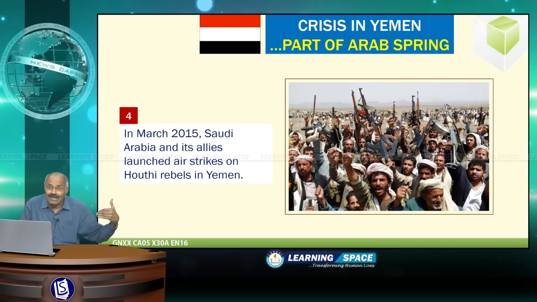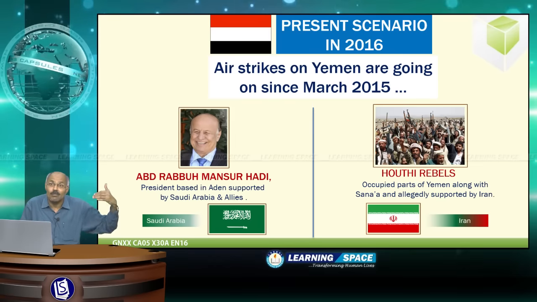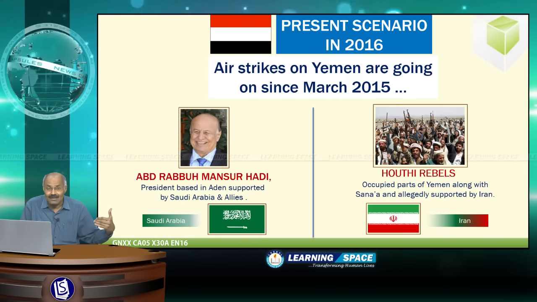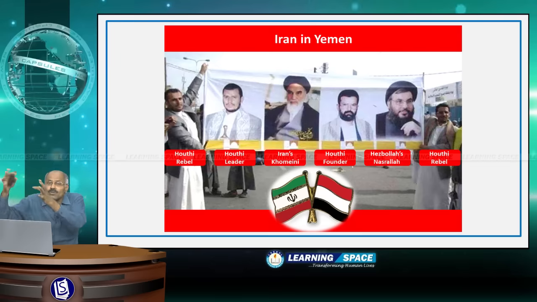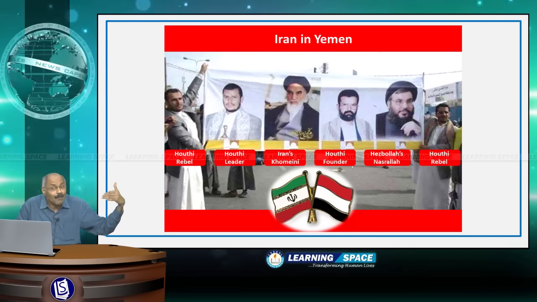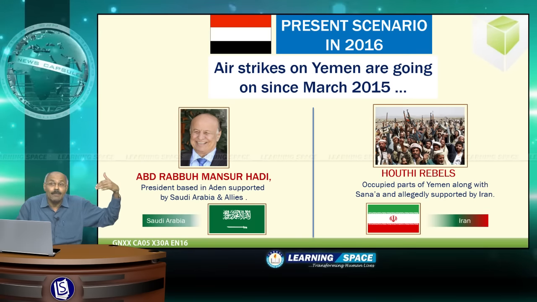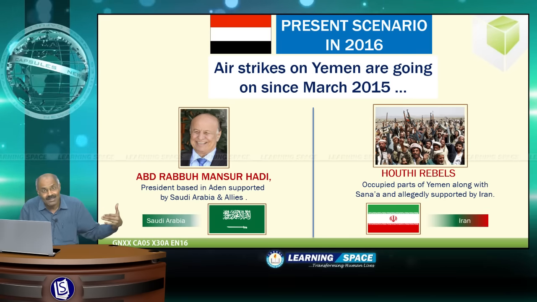So the civil war has been on for the past 17 months since March 2015. As I have already told you, the president is based in Aden and supported by Saudi Arabia, and the Houthi rebels occupied interior parts of Yemen and captured the capital Sana'a, and they are allegedly supported by Iran.